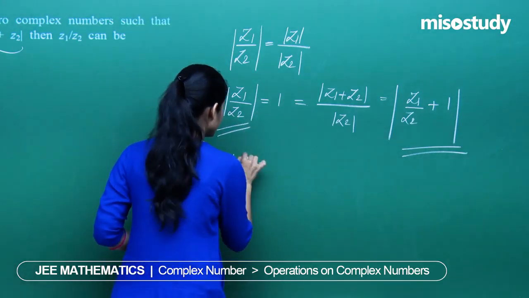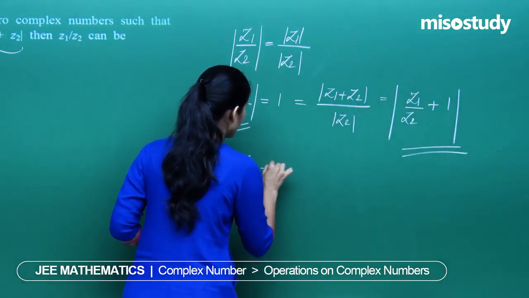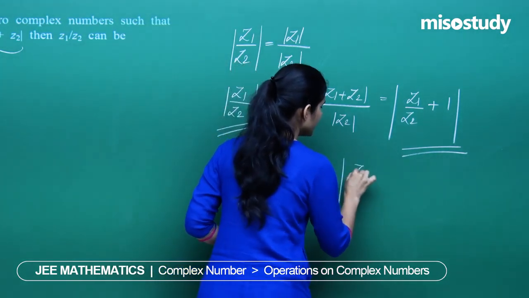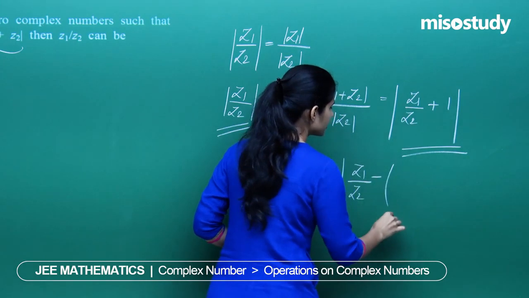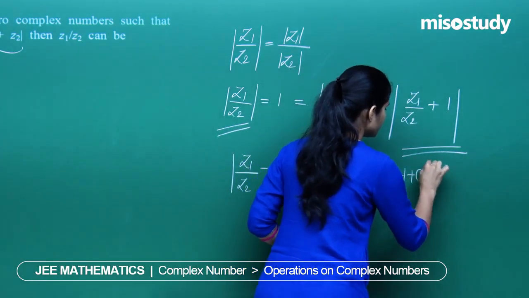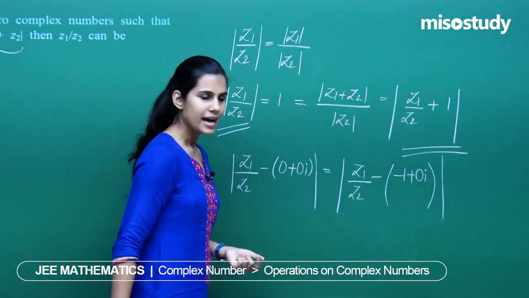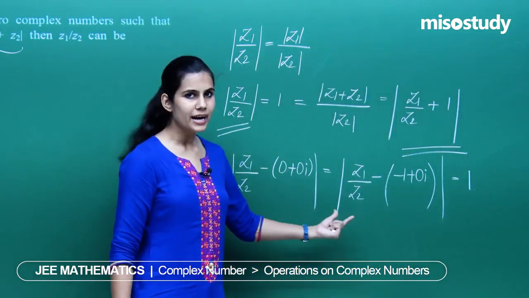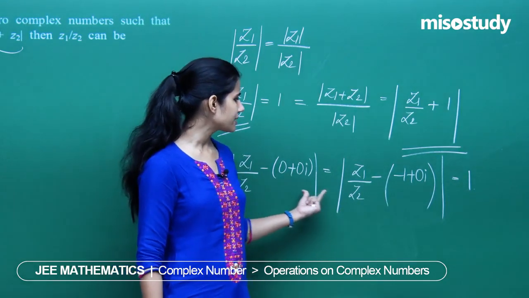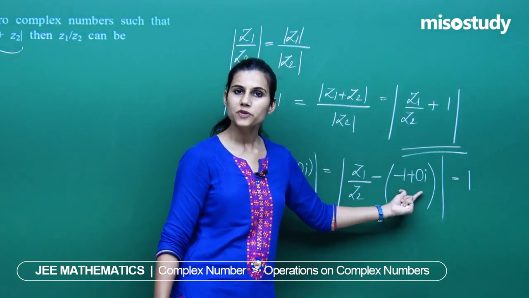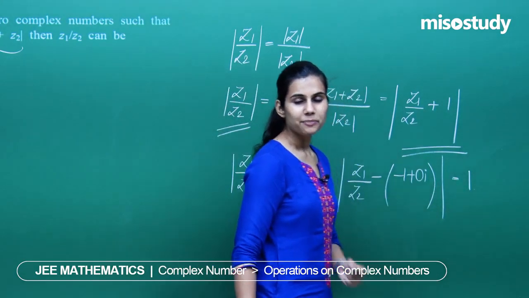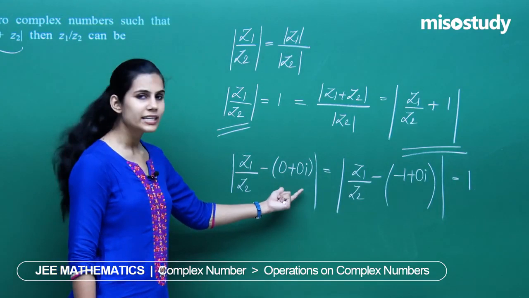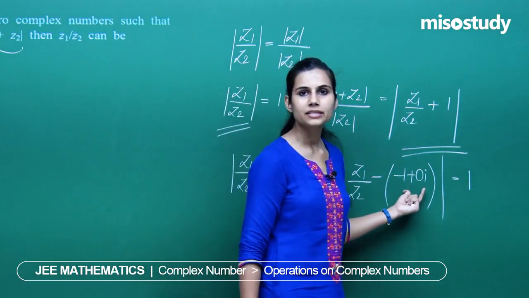That means I can write this as Z1 by Z2 minus 0 plus 0 iota equals Z1 by Z2 minus minus 1 plus 0 iota, and this is equal to 1. This means Z1 by Z2's distance from this complex number is the same as its distance from this complex number, which is 1. That means Z1 by Z2 lies on the perpendicular bisector of the line segment joining 0 plus 0 iota and minus 1 plus 0 iota.